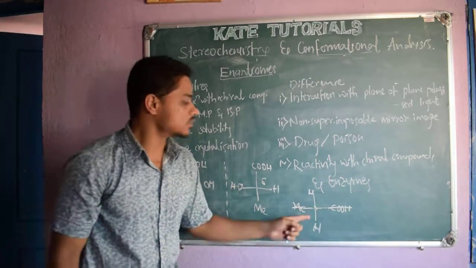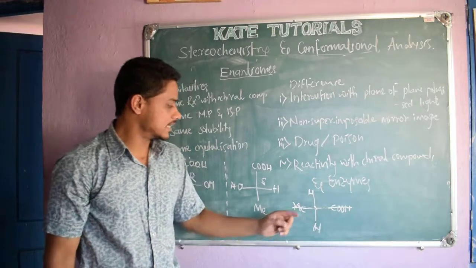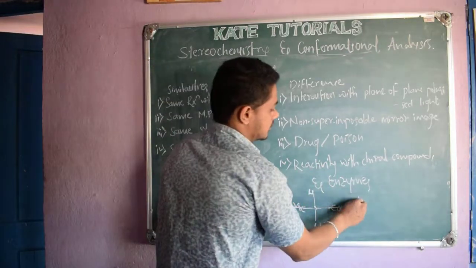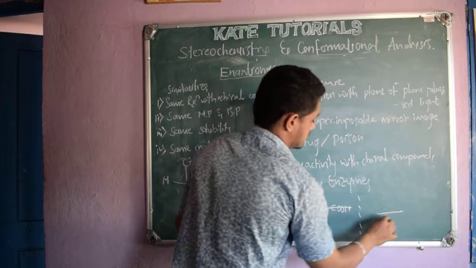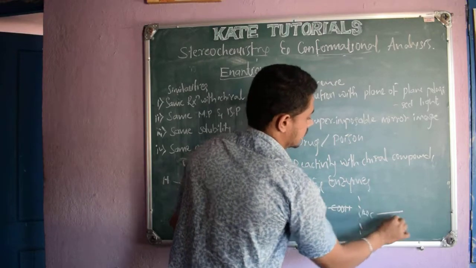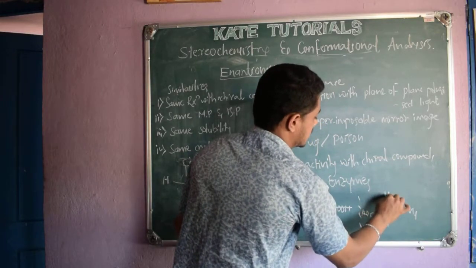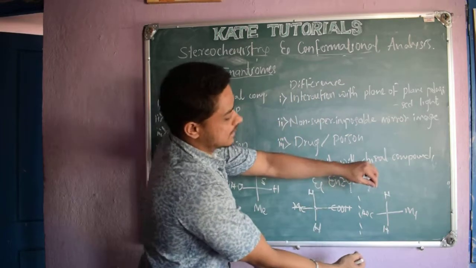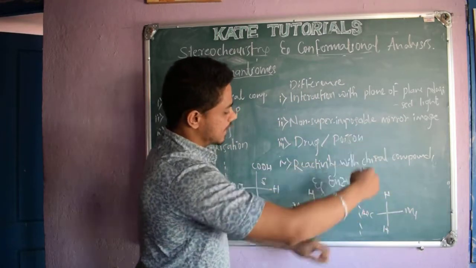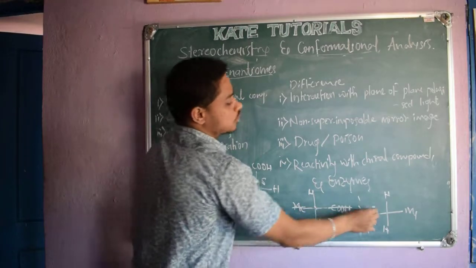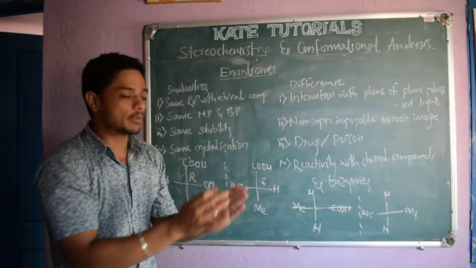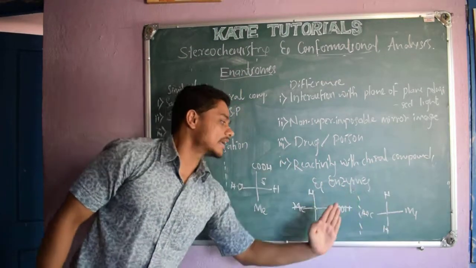I told this one reason, and one more reason is, if I place a mirror here, I will get COOH here, methyl group here, and H here, and I can rotate this by 180 degrees within the plane. I will get the same molecule. So these are superimposable. I can rotate and I can impose on it.